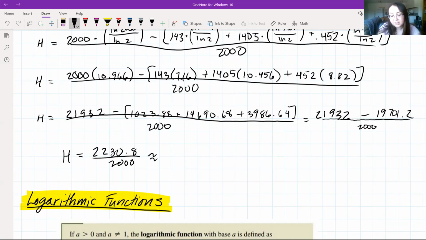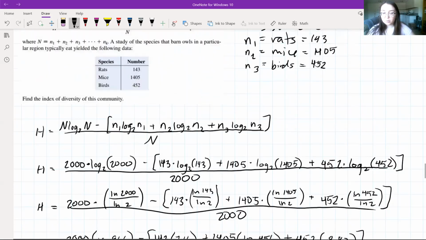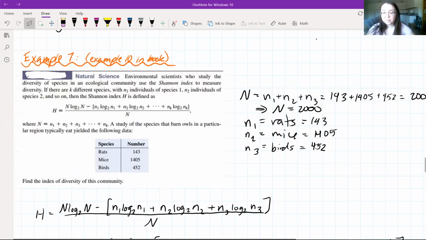Then we want to calculate this, and what we'll get is 1.1149. All right, so after a lot of calculations, we end up with our Shannon index equaling 1.1149. That would be our index of diversity in our community.